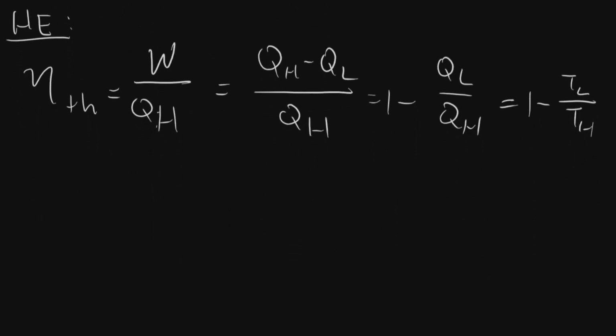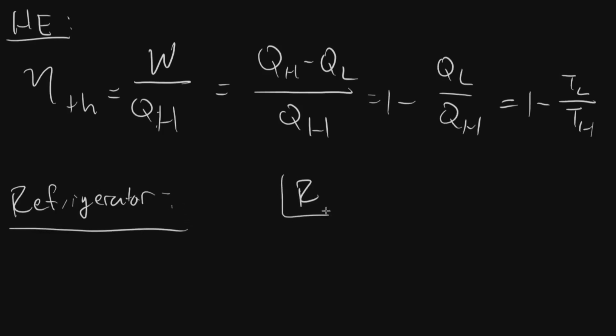And we can also do the same thing for the refrigerators that we talked about earlier. So for refrigerators, if you remember, you'd have a Q low coming in, Q high coming out, and then there'd be a work input, so it's just the exact opposite of our heat engine.